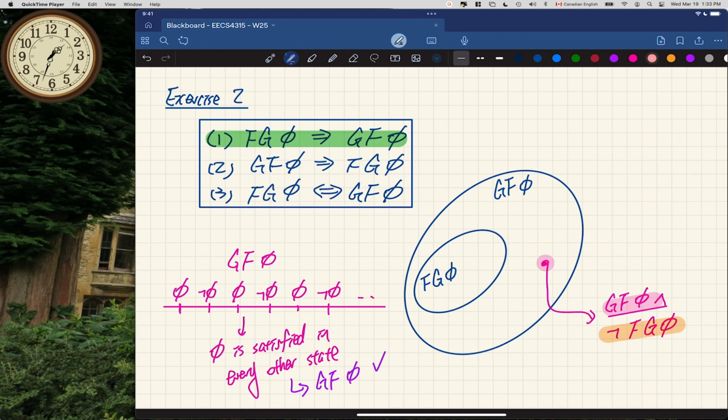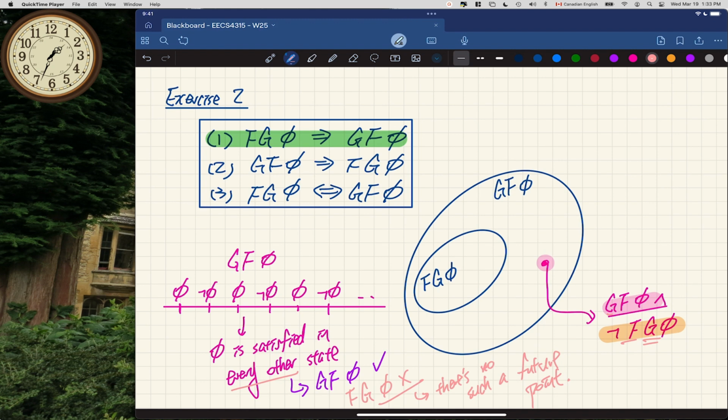However, since it's every other state, that means in every other state phi is also not satisfied. In that way, globally true cannot be found at any future point. So for FG, there is no such future point. Okay, like that.